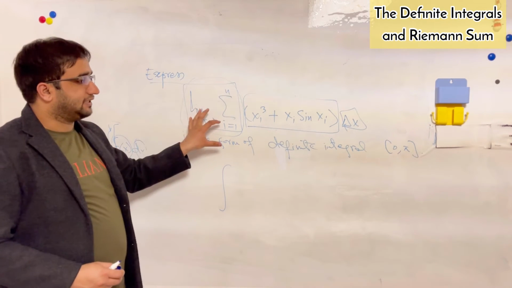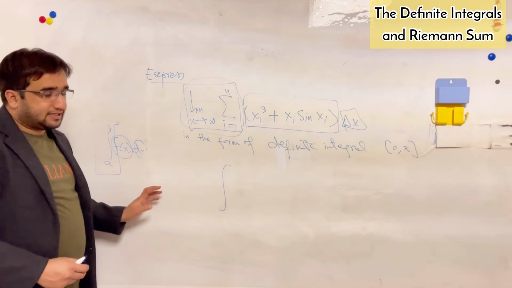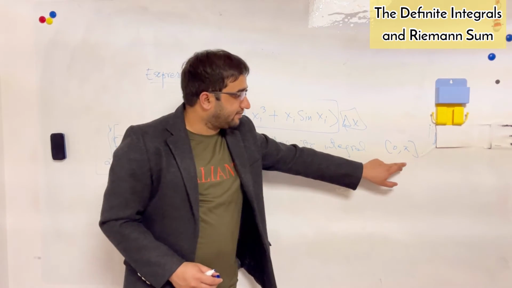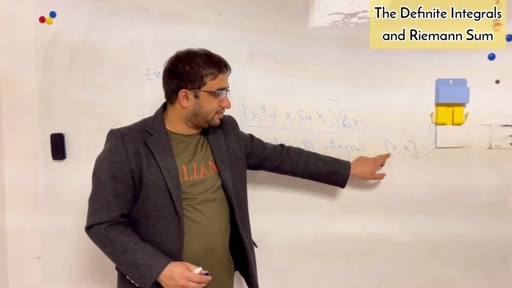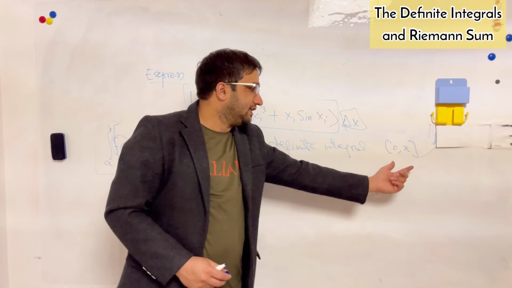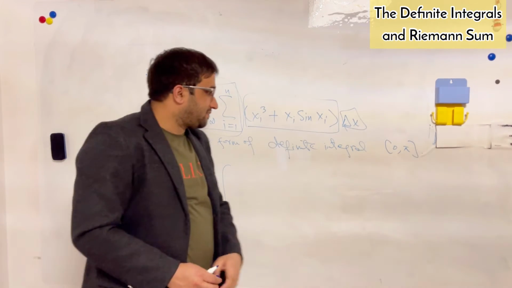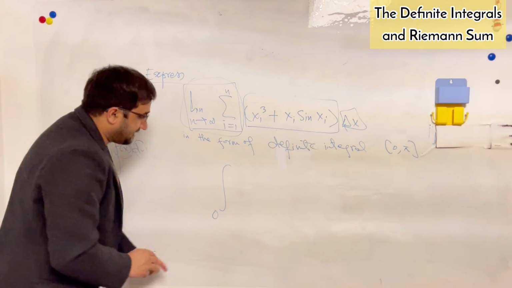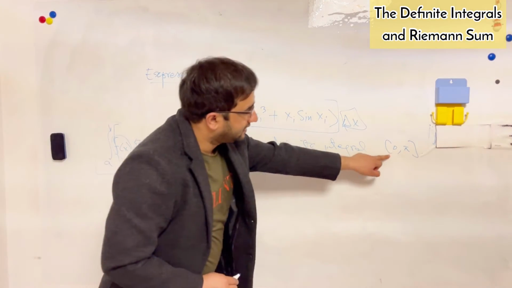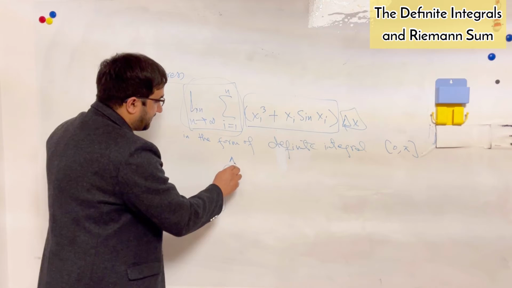In the case of the integral, you do not talk about the number of intervals. You start from the starting point and end at the last point. Here the starting point is 0 and the ending point is pi. So 0 is the lower limit and pi is the upper limit.